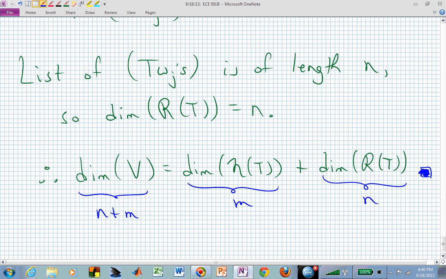Questions on that? And that actually allows us to buy quite a bit of information in working problems. For example, if somebody now gives you a matrix and they start telling you certain things, if they tell you the dimension of the null space, you can see from that matrix by the number of columns in that matrix, you know the dimension of the domain, V. If they tell you the dimension of the null space, now you know the rank of that transformation or the dimension of the range space.